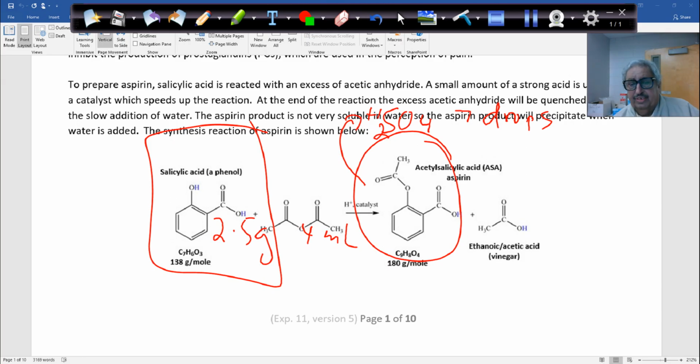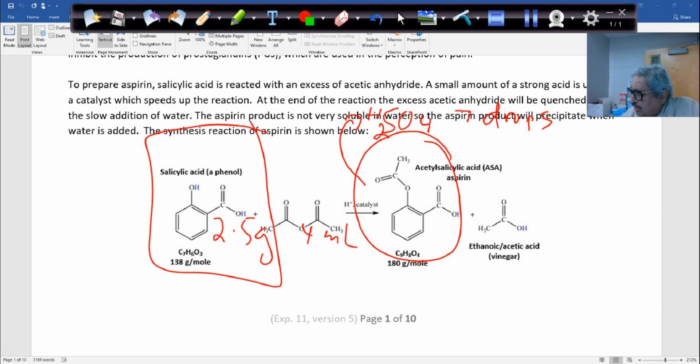Those are the amounts you'll add, and that's what you will get. Now with the 4 mils, there will be excess of this. We have to destroy the excess of the acetic anhydride.